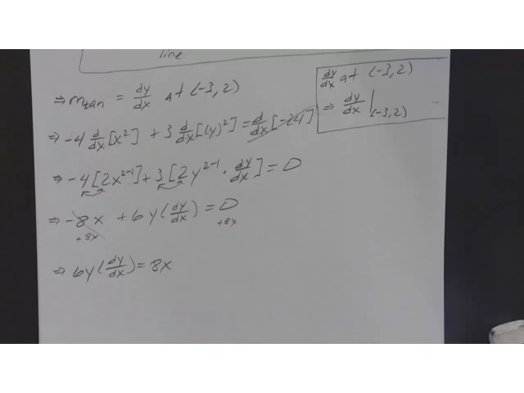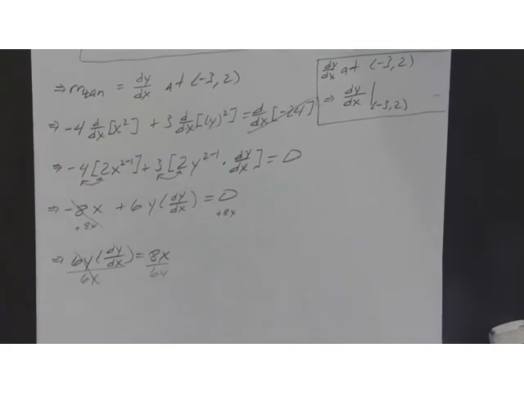So if we divide both sides by 6y, those two cancel each other out. So we know that dy dx is equal to 8x divided by 6y.